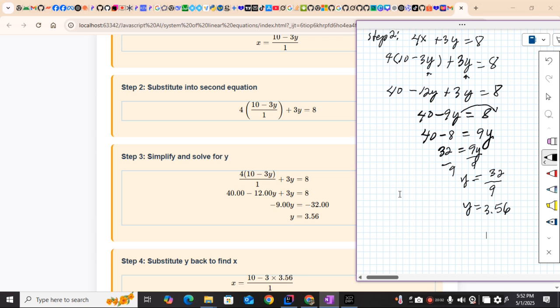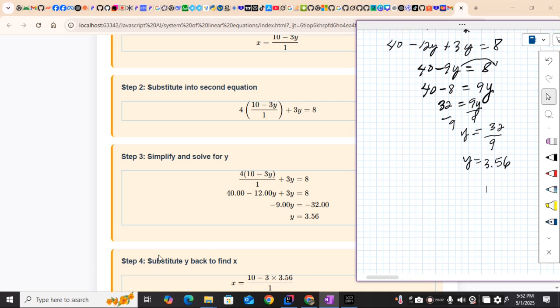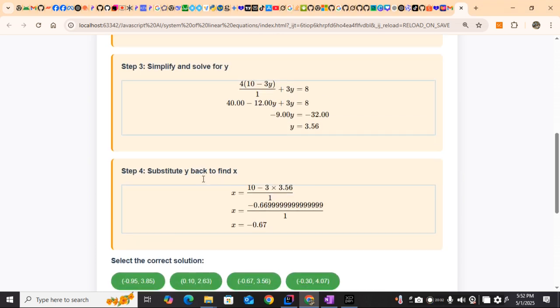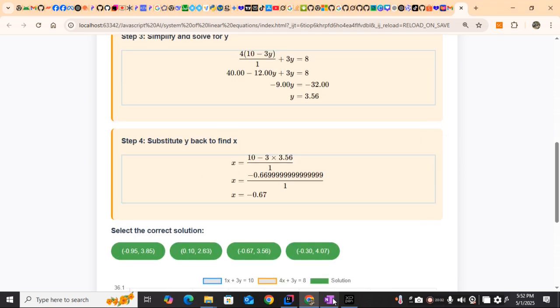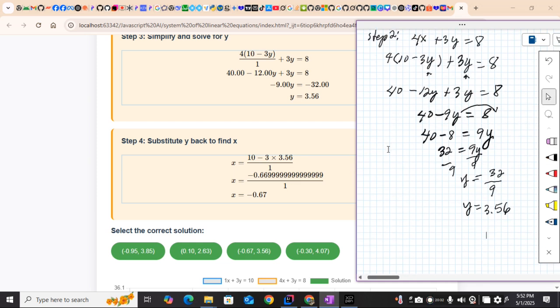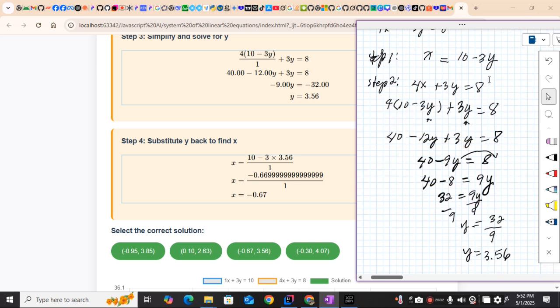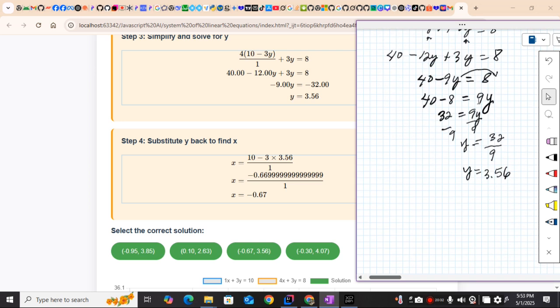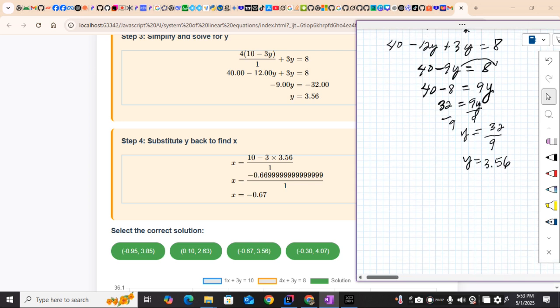So now that we know the value for y, we can substitute it back to solve for x. So here we can use the equation x equals 10 minus 3y.